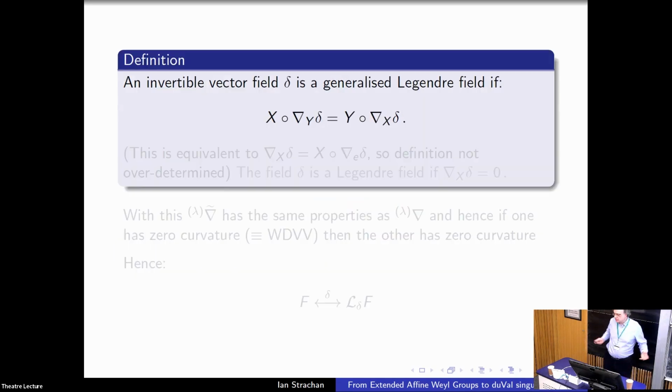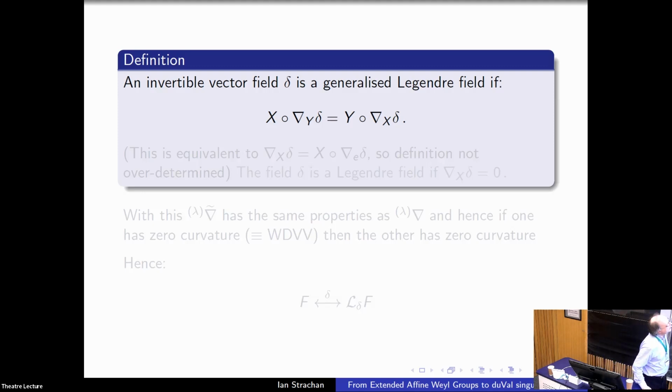So you've got this deformed connection, and you've got its conjugated version. You work out all the curvature conditions, and this is going to play a central role. This invertible vector field is called a generalized Legendre field if it satisfies this differential equation. Now, if you start counting components, this looks to be overdetermined.